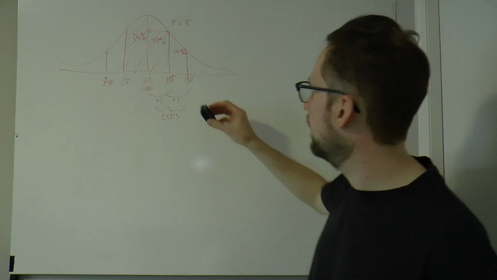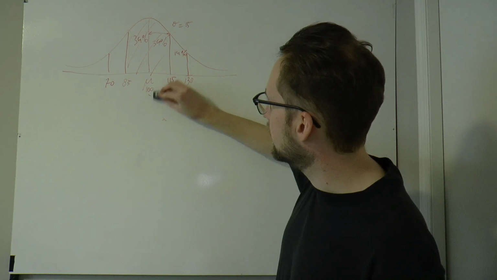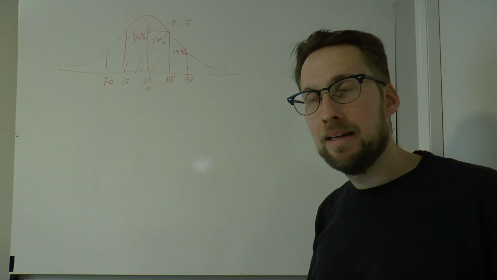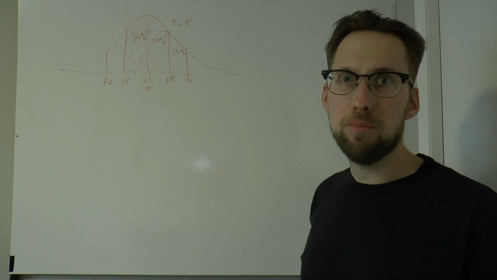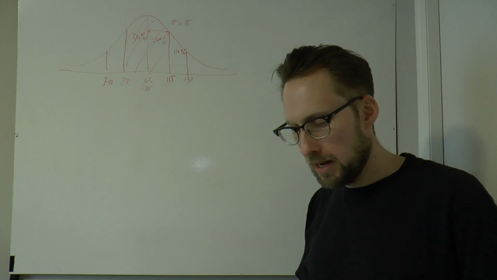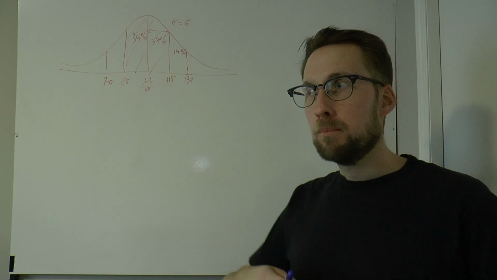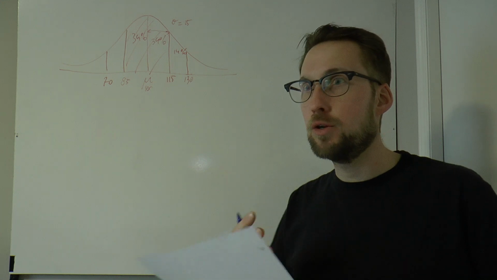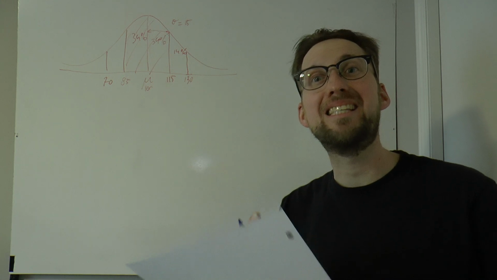Now, the fun thing is, what we can do is we can bring this back to a standard normal distribution. And a standard normal distribution requires a tiny bit of math. But the beauty of a standard normal distribution is that it has a known mean and a known standard deviation. It's always the same.